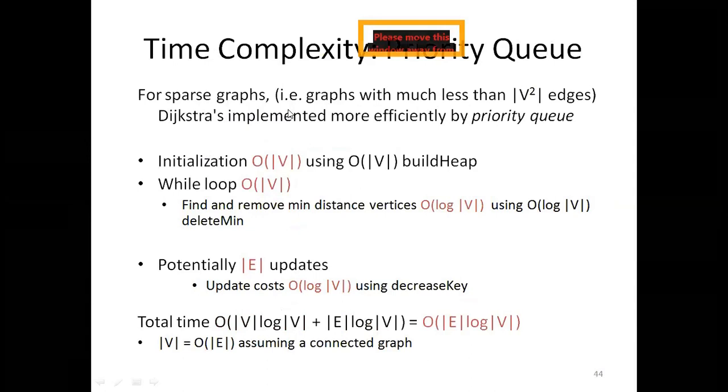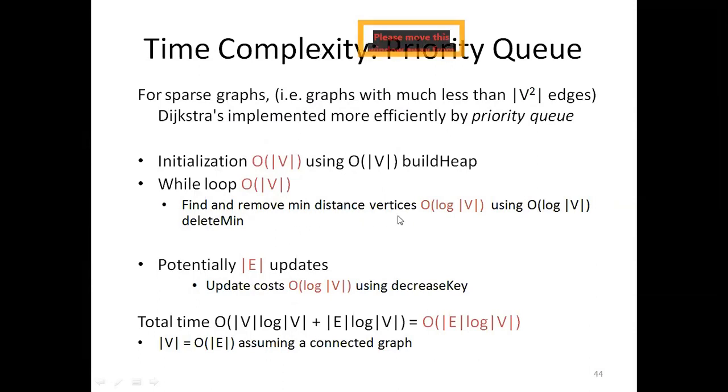So for sparse graphs, that means a smaller number of edges, that is graphs with much less than big O of V square edges, it can be implemented more efficiently by using the priority queue. We are using the priority queue. In this case, initialization takes time O of V to build the heap, and we are using the while loop, so O of number of vertices.